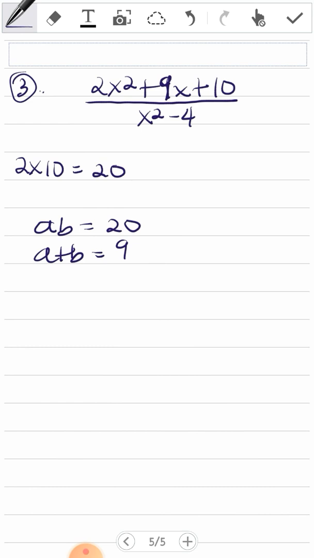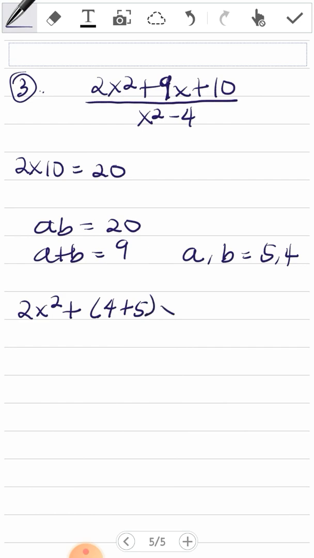So here I'm going to get 5 and 4. The reason why I said 5 and 4 is that when you add 5 plus 4, you get 9, and when you multiply, you get 20. So this really fits. I'm going to solve it as wherever you see 9, you put 5 plus 4. Okay, so here we are going to simplify.